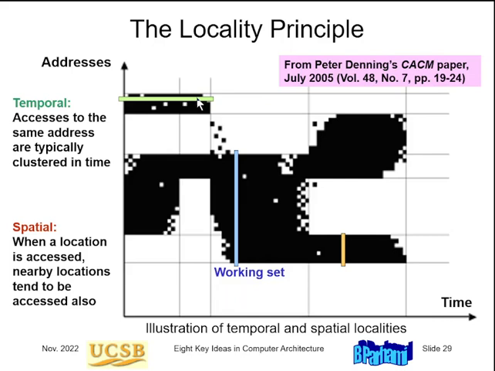So if that data is kicked out of the cache, there's no problem because I'm not going to access it. So multiple accesses to the same piece of data are bunched together spatially, temporally in time. And these are the two principles that make cache memory work.